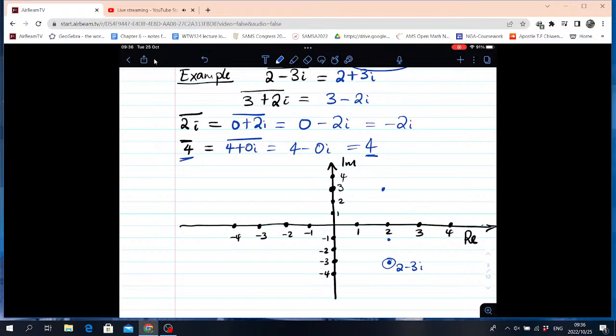So you can see that we have just reflected about the real axis, right? We just reflected this point using the real axis as our mirror. And then if we put 3 plus 2i, then the real part is 3, and then the imaginary part is there. And then if we want 3 minus 2i, it will be somewhere here, right?